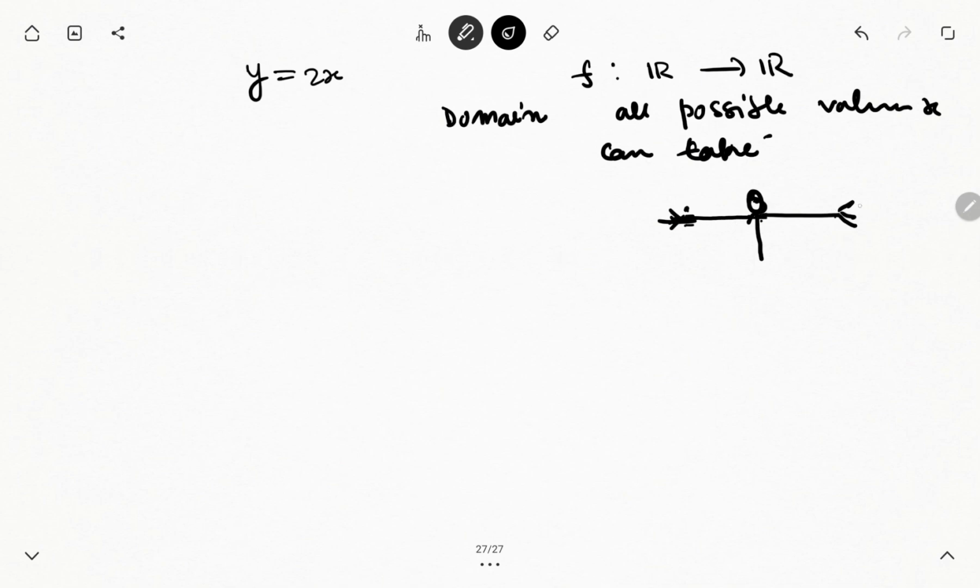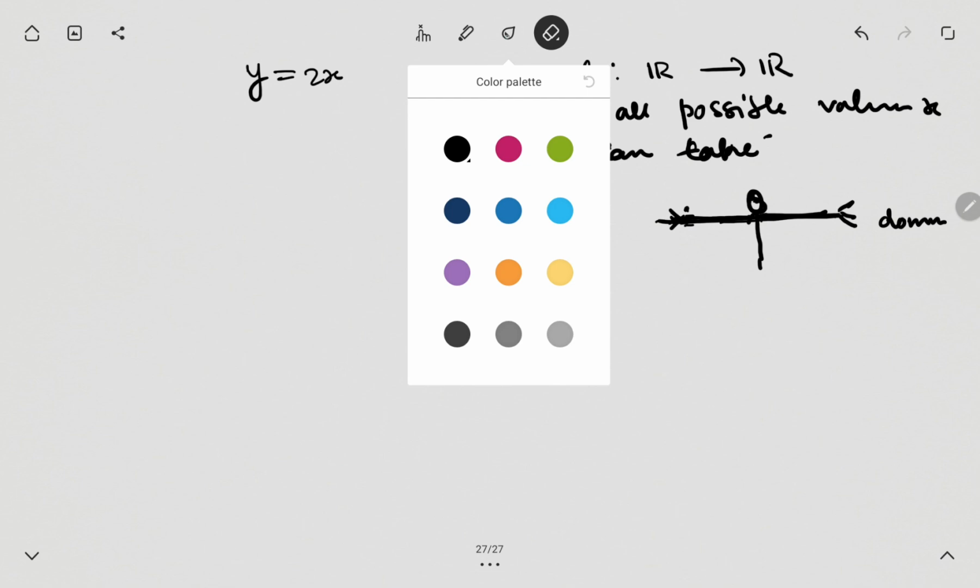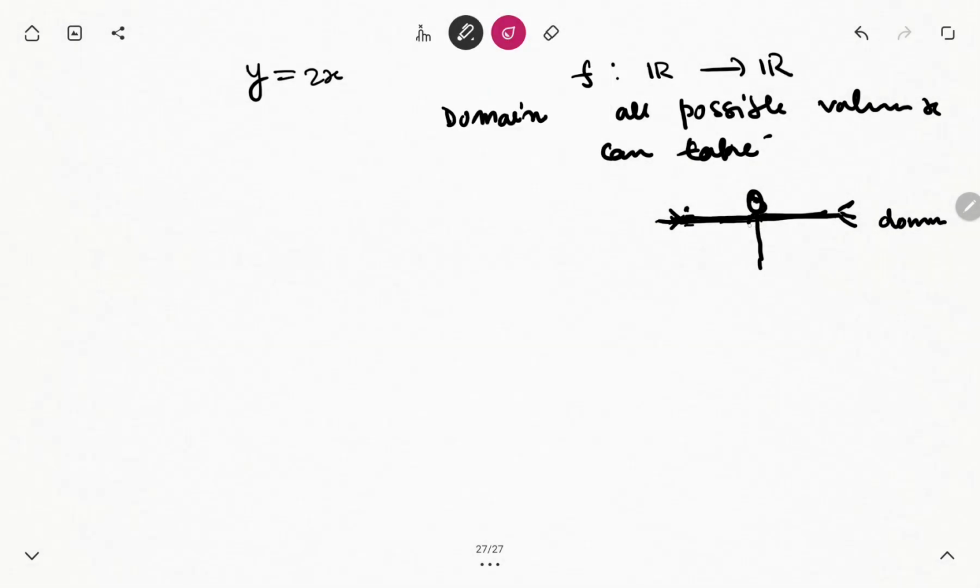If you spread your hands, this shows that x can take all possible values, and this is the domain. And if you spread your arms like this, one like this and another one like this, this shows your range.